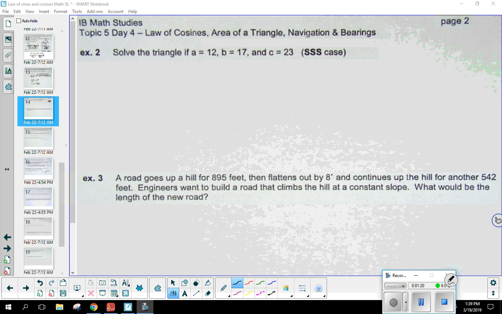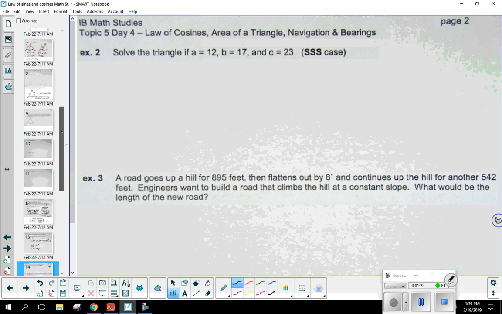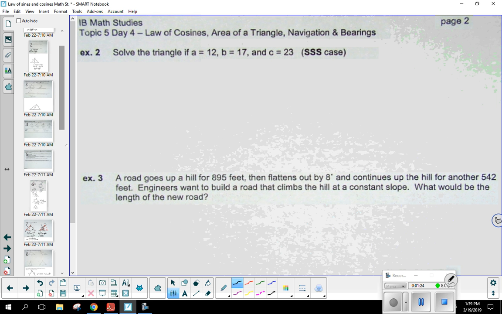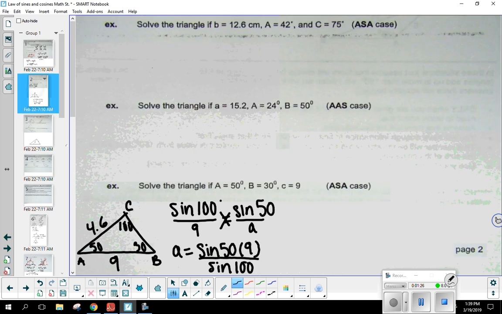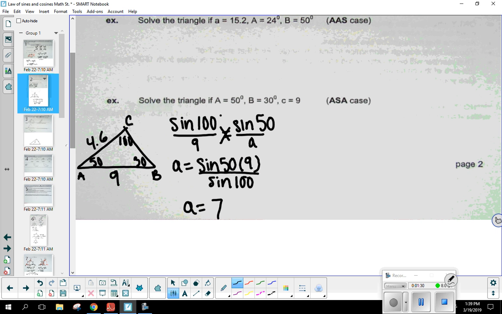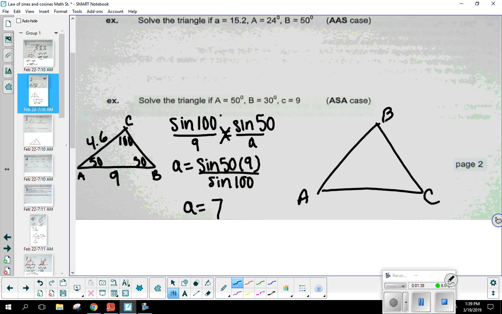Well, let's take a look at some of those problems. Off the top of my head, let's see. Okay, like in this one here, let me just set up the triangle. So if I have triangle ABC, so A is 50, this is 30, and this is 9.